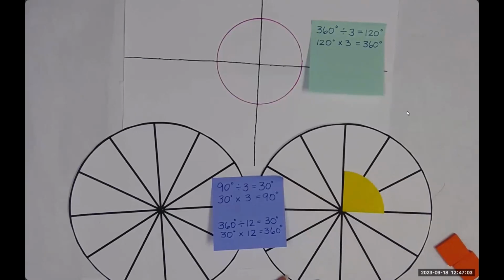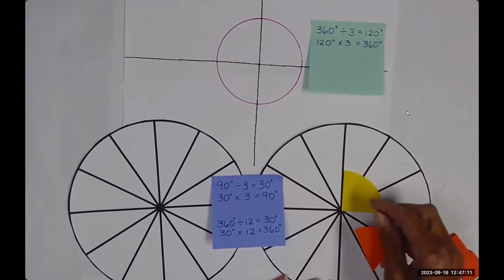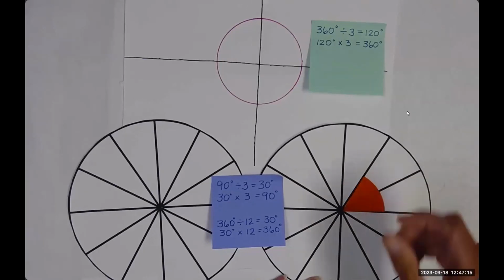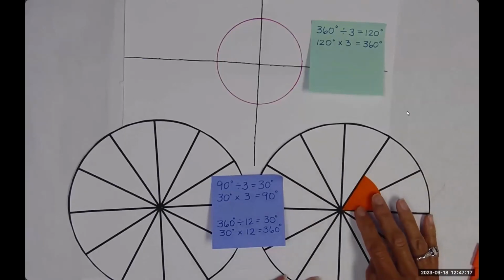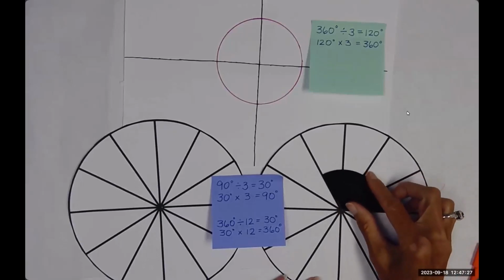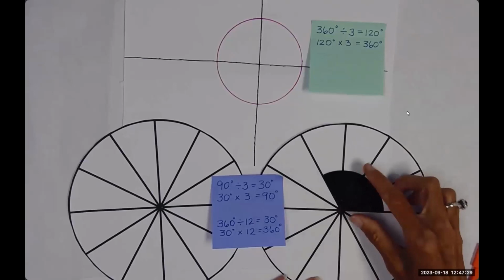All right. But we want students to still continue to use that 90-degree angle as a benchmark in their thinking. So if we know each angle is 30 degrees, then we know that this angle would have a value of 60 degrees. This third would still have a value of 120 degrees, right?